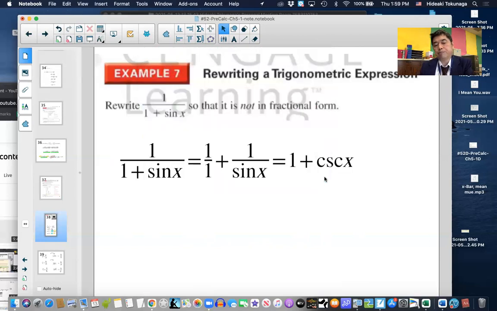This is without a fraction. This is this simple. Let me see the answer the way I did.